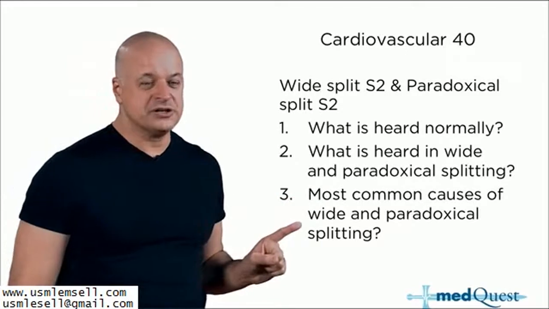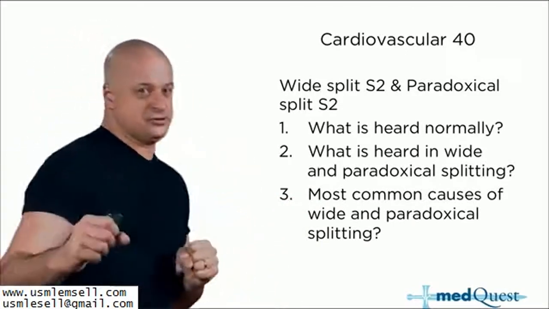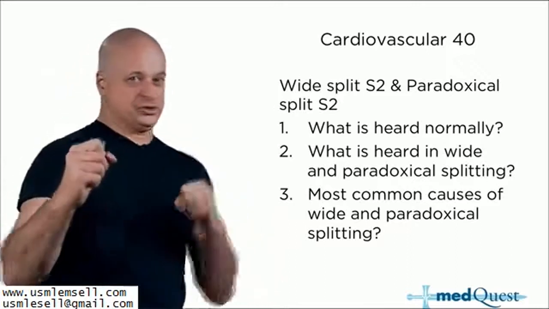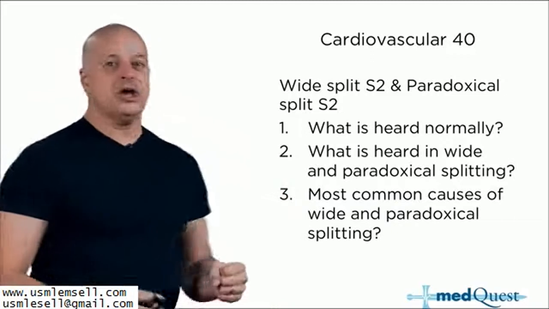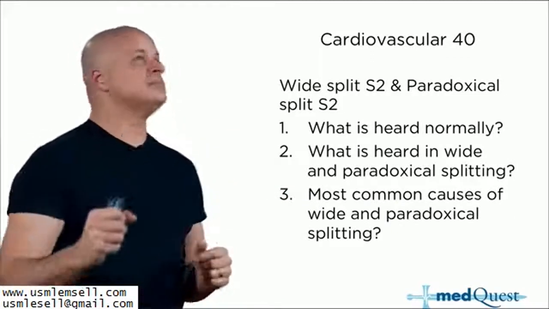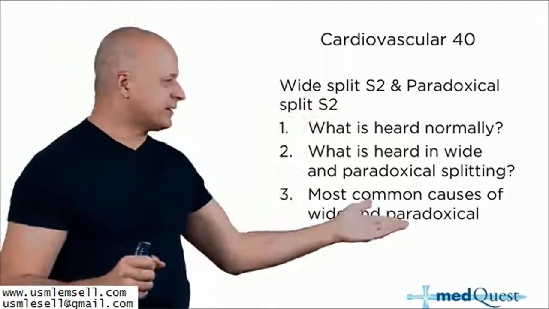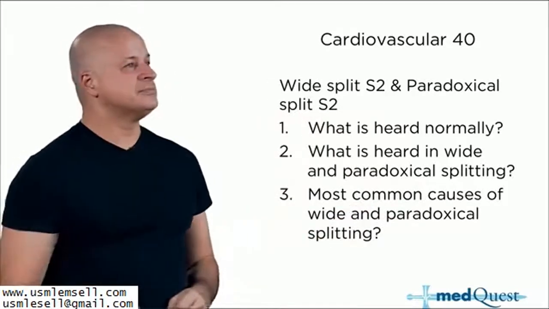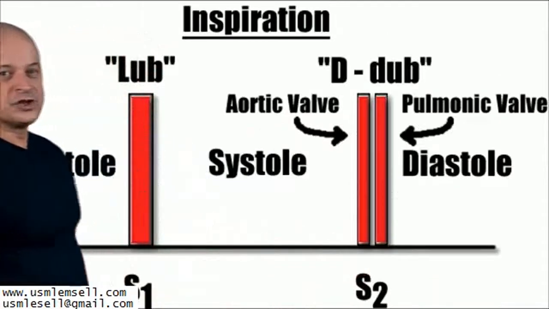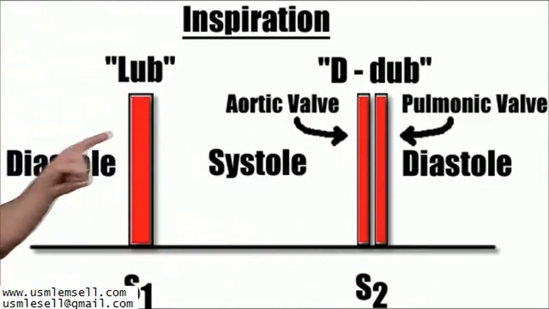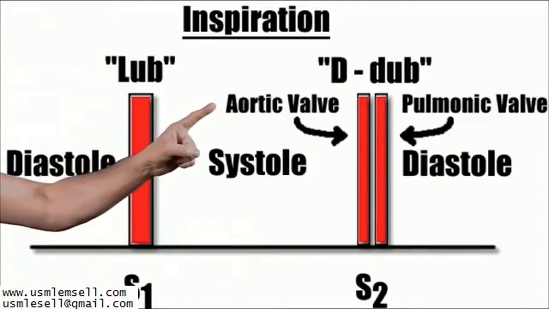What causes it? Well, the S2 has A2, P2, aortic, pulmonic, wide split, aortic, pulmonic. So it's split, and the aortic normally should go first. Why the aortic first?